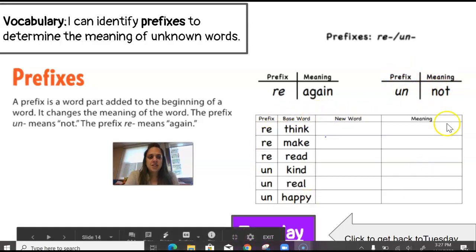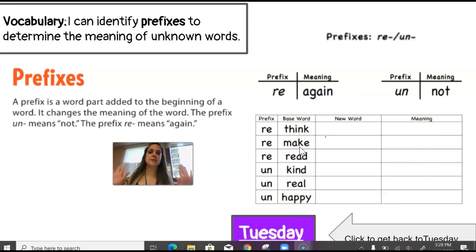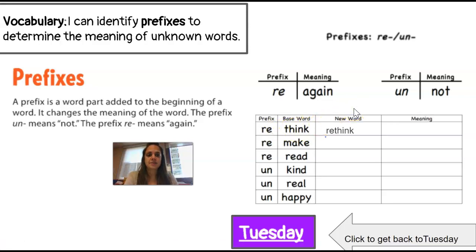So I have a chart here that shows us our base words. Base words are words that can stand all by themselves and still have meaning. So like the word think, to use your brain. If you add the prefix re, it changes the meaning of that word think. So here's our new word, rethink.